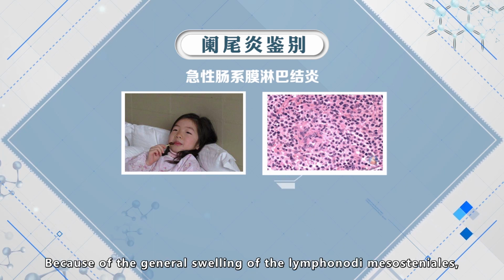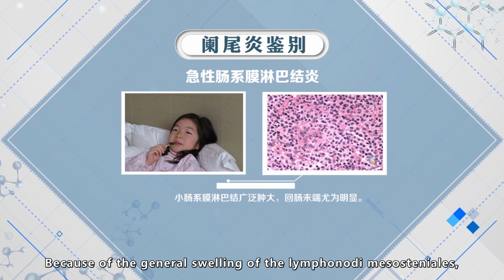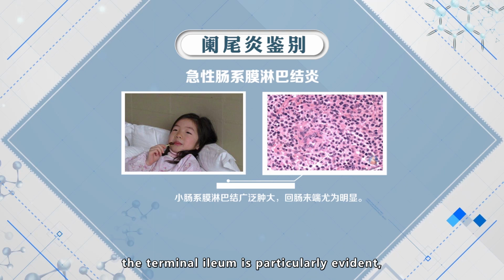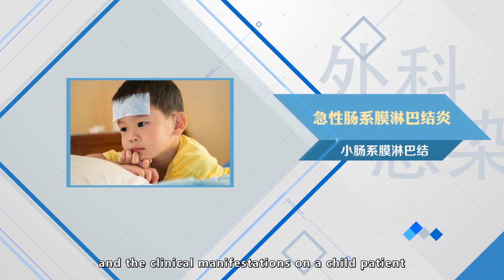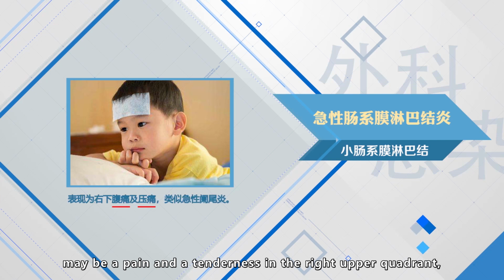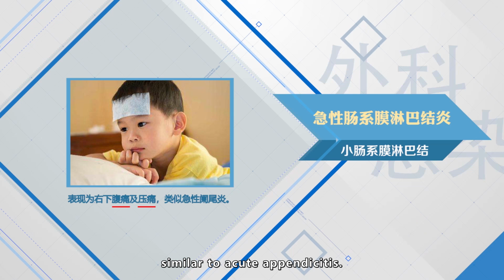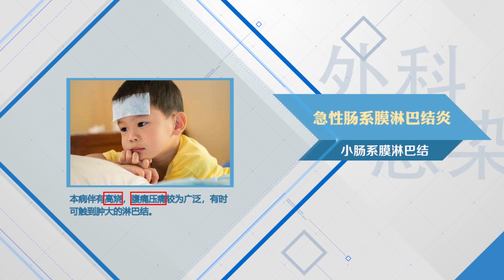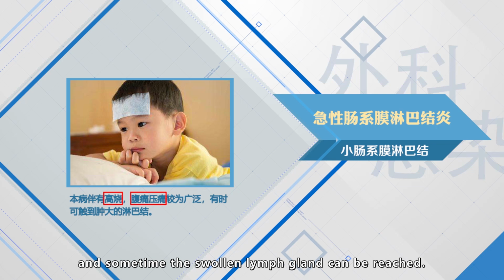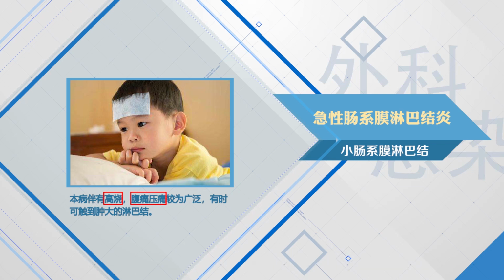Because of the general swelling of the lymph nodes in the mesentery, the terminal ileum is particularly evident, and the clinical manifestations in a child patient may be pain and tenderness in the right lower quadrant similar to acute appendicitis. However, the abdominal tenderness of this disease is more general, and sometimes the swollen lymph glands can be reached.